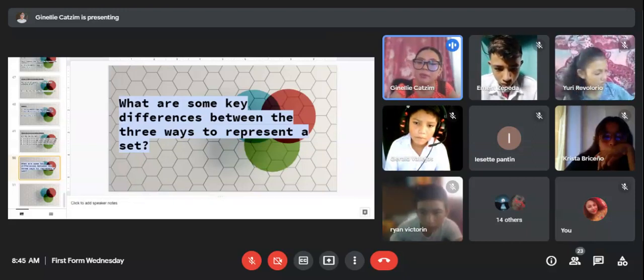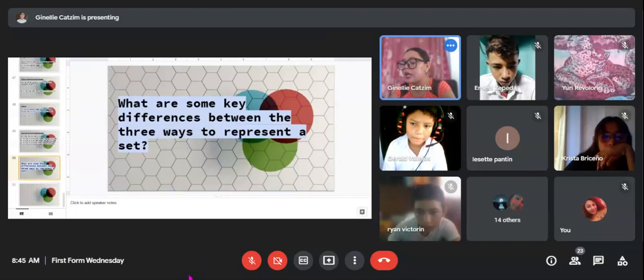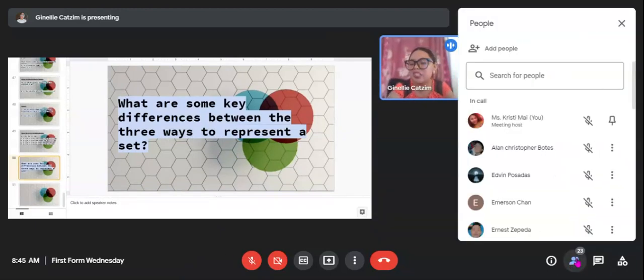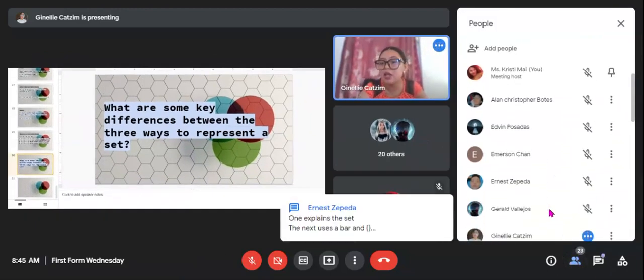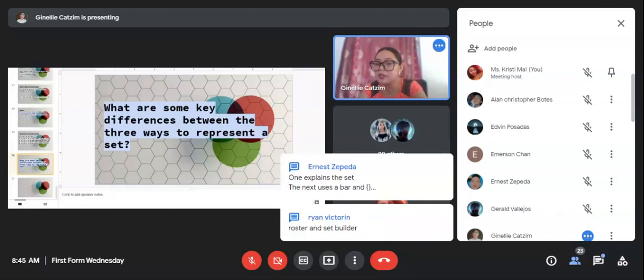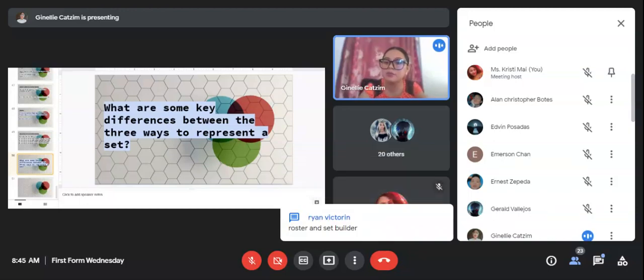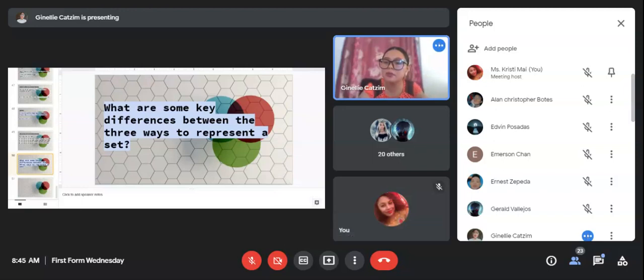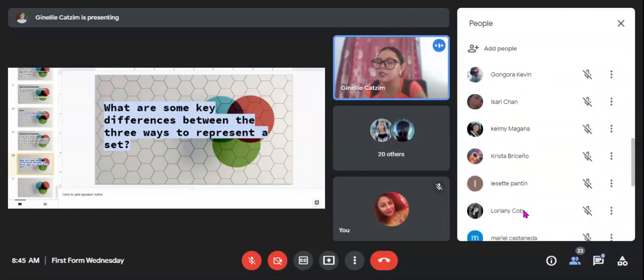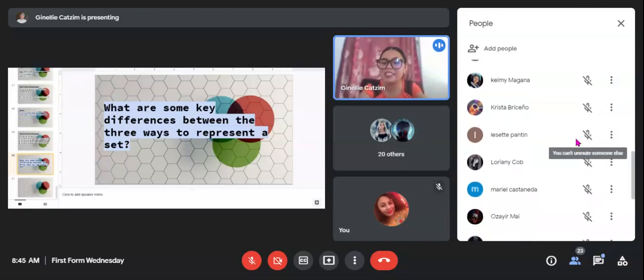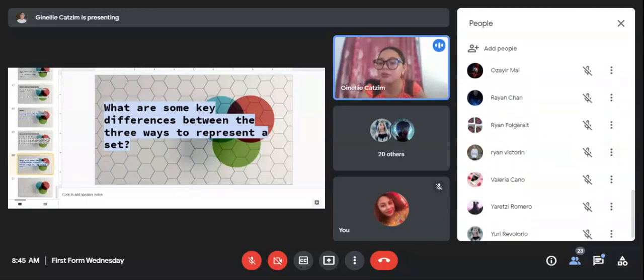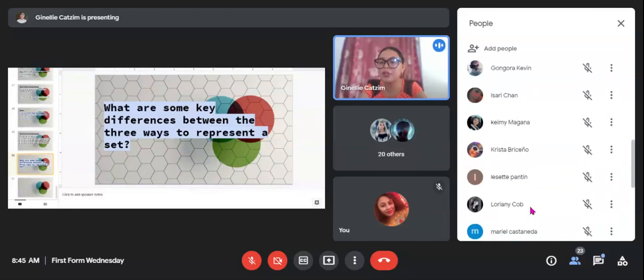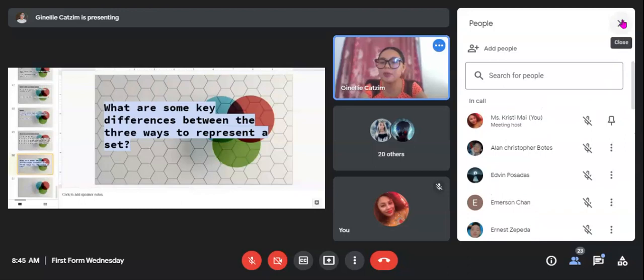Remember, semantic has a description, mostly like a sentence, and in roster we are listing the elements. One explains the set, the next uses the bar and the curly brackets. It's not an example, but it is like a little condition or a rule, with the curly brackets.